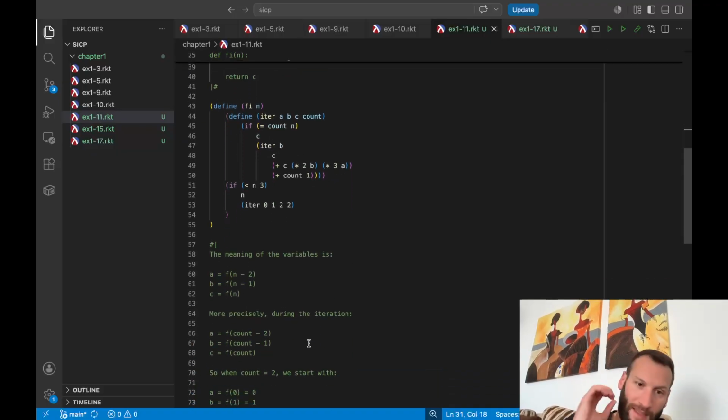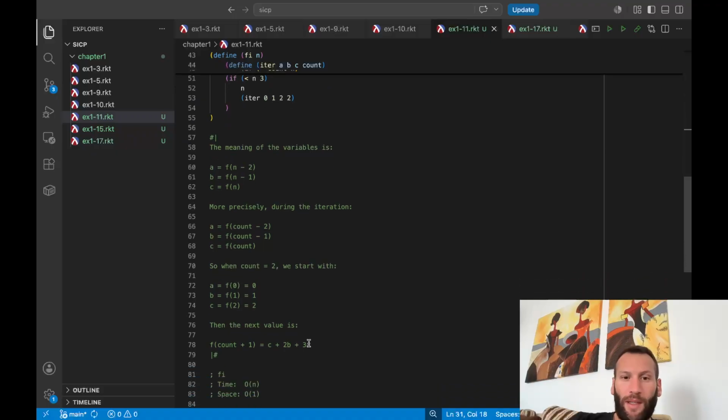So in this case, the meaning of the variables is that a represents f of n minus 2, b represents f of n minus 1, and c represents f of n. More precisely, during the iteration, a is equal to f of count minus 2, b represents f of count minus 1, and c represents f of count.